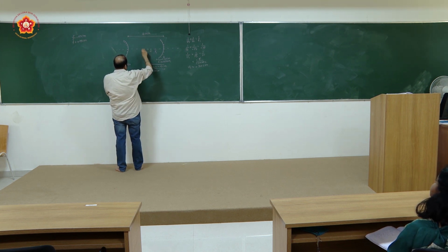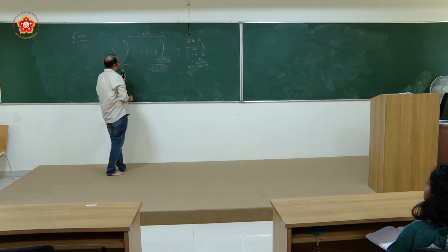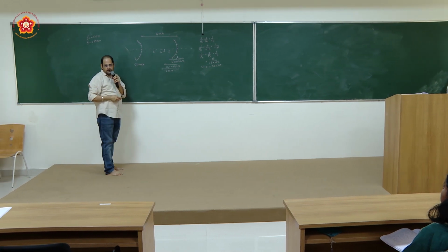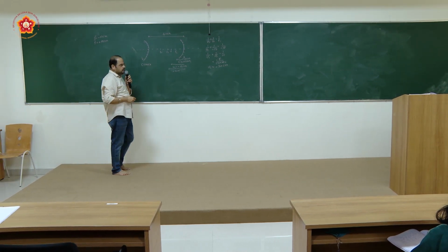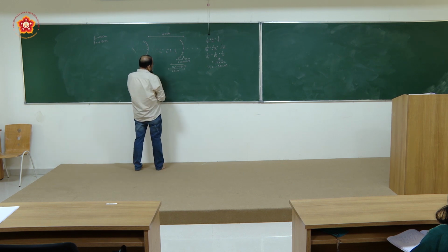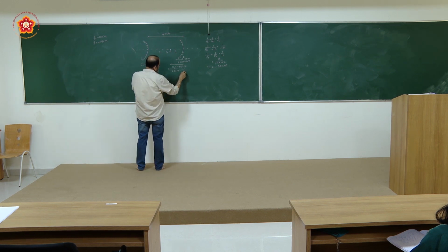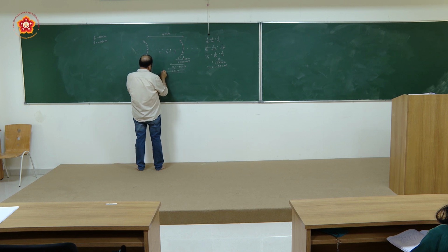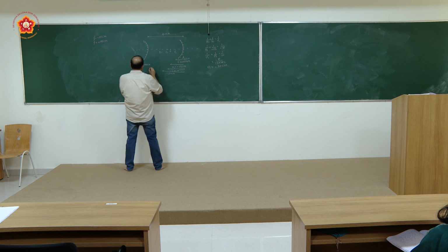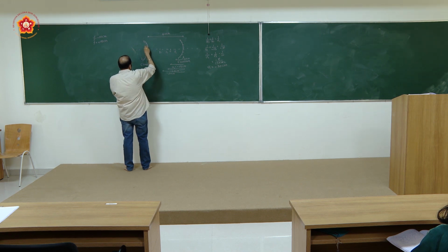So you will have around 10 centimeter here where the image will be formed. Am I right? So the distance here is minus 30 centimeter from the concave mirror. From this pole, the distance of the image will be taken as minus 10 centimeter.